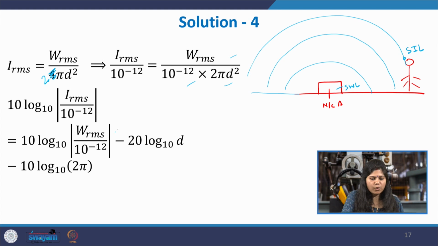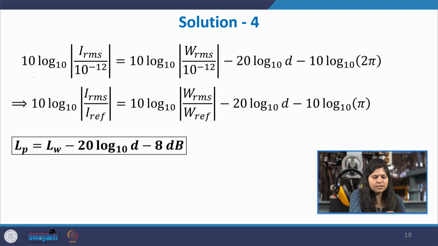Okay. So, what you get is W_RMS by 10 to the power minus 12, minus 20 log 10 of d, since 10 log 10 of d square becomes 20 log 10 of d, and this 2 pi is separately minus 10 log 10 of 2 pi. So, if you see here, this is what we are getting. This becomes our SPL at the worker location.